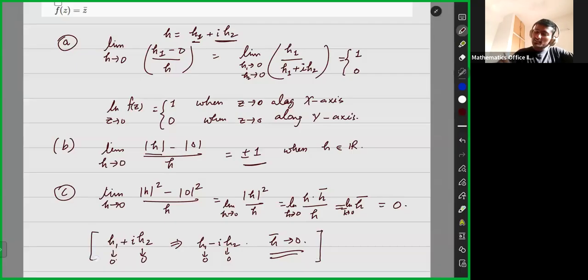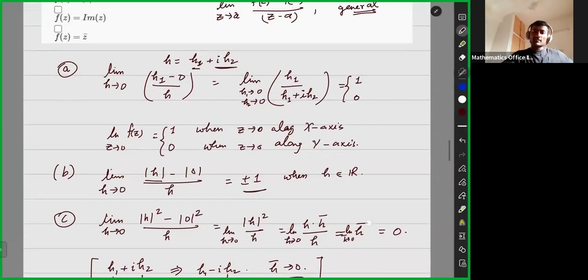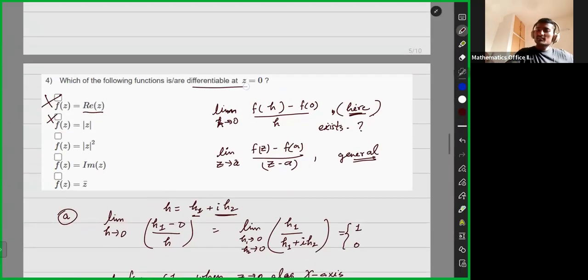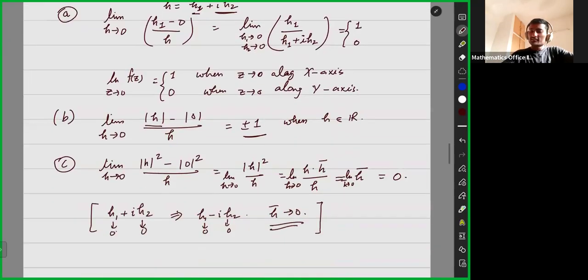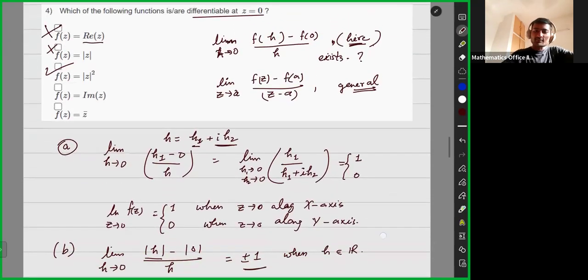Right, this is it. So this limit exists, so the answer at 0 is clear. If you have doubts, you can ask. These are simple calculations, I think you understand.